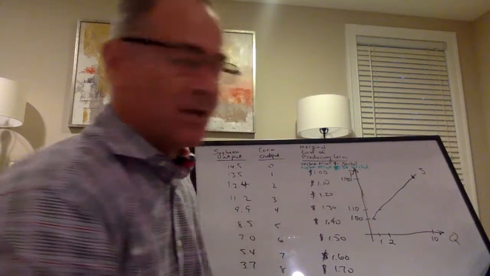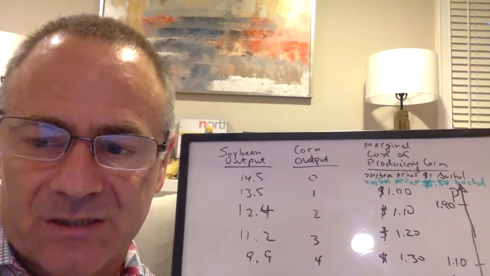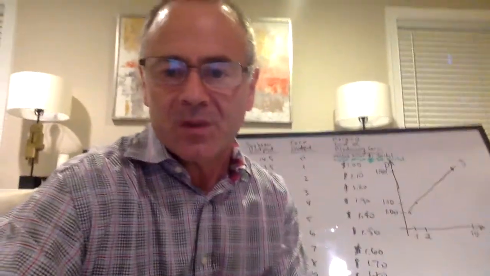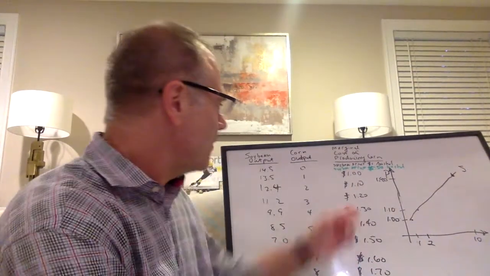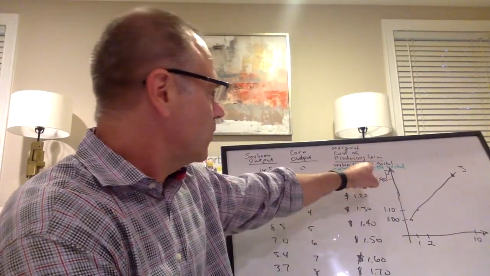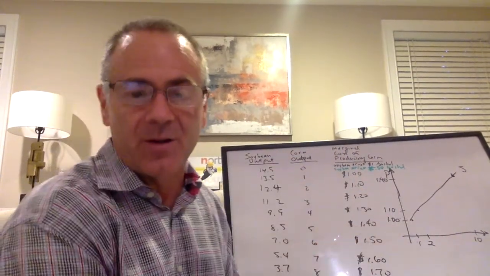Now I'm going to write in green what happens when soybean price is 50 cents per bushel now. All that happens is the price of soybeans drops by half, so all of these numbers are just going to be divided by 2.